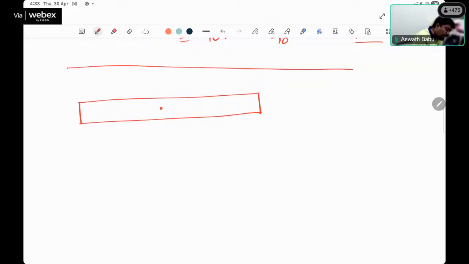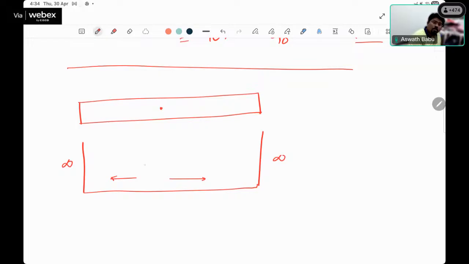I have created a potential for this electron to only go left and right. I'll put a wall of infinite potential on the other side. So the electron can only go left and right, it cannot go up. Please remember that it's a one-dimensional box. Let's say the box size is 0 to L. The position is spread between 0 and L. This is a one-dimensional box for you.